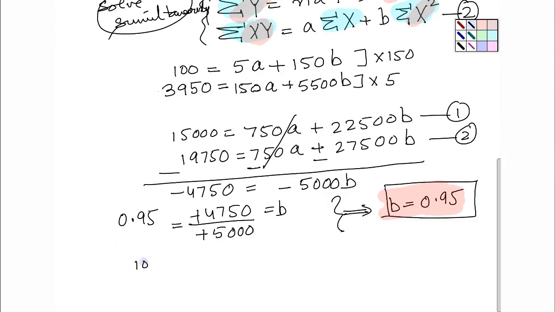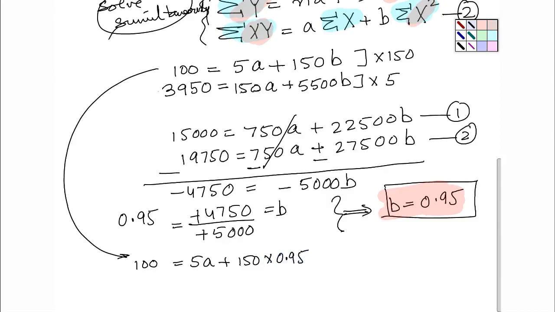We get 100 is equal to 5a plus 150. Instead of b, I will write 0.95. Okay, so if you solve it, you will get 100 is equal to 5a plus 142.5.